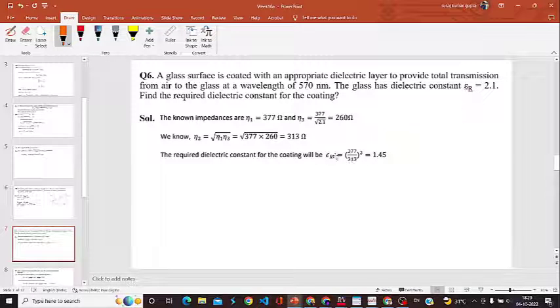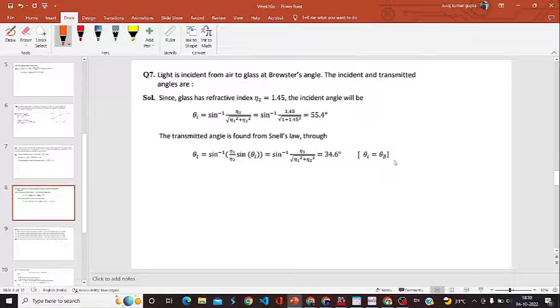So by using this we can calculate the value of epsilon r dash, which will be defined as 377 over 313 squared. Once you calculate, you will get the value of epsilon r dash equal to 1.45. So that's how we can calculate the dielectric constant of the dielectric coating. Okay, so let us move ahead.